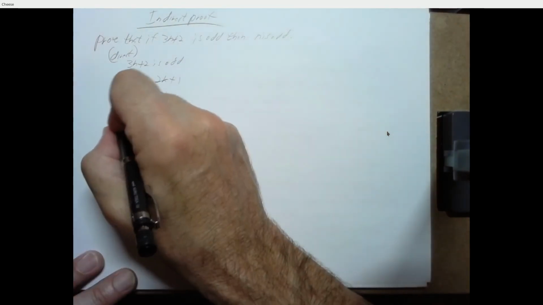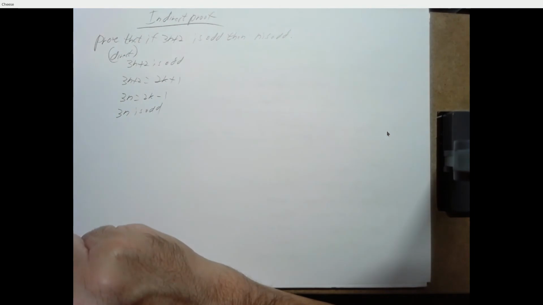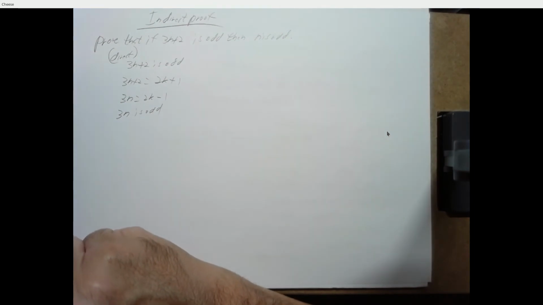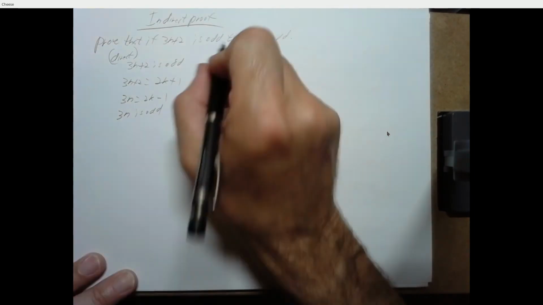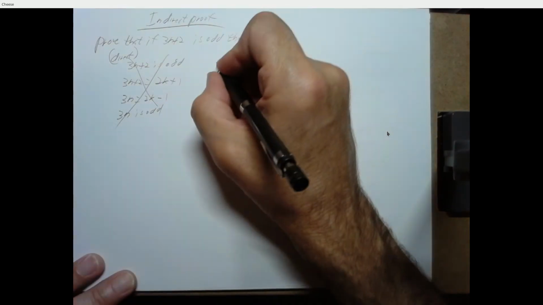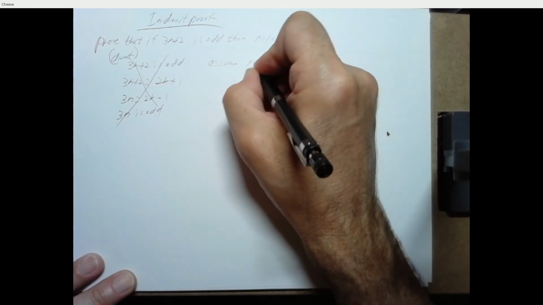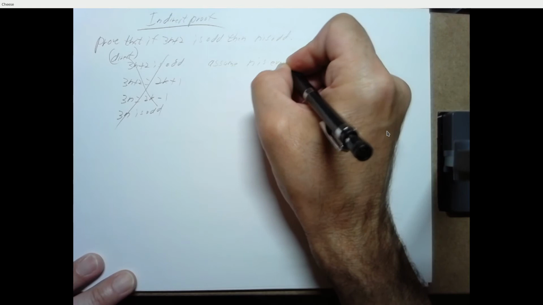And from that we might conclude that 3n is odd. And it's not clear how to get from any of this to the conclusion that n itself is odd. So you can do it, but it doesn't really jump to mind how to do this. So we can take a very different approach. So what we're going to do is assume n is even.